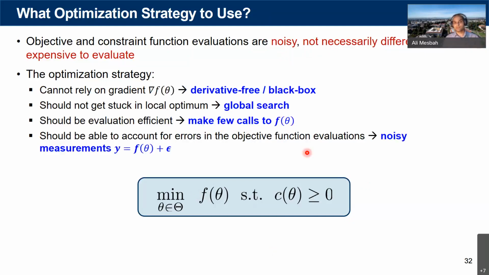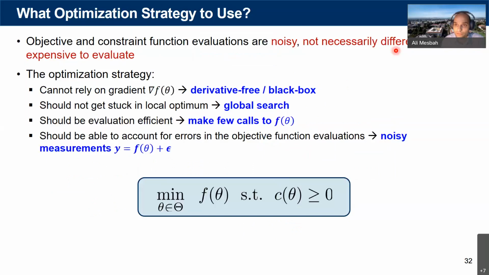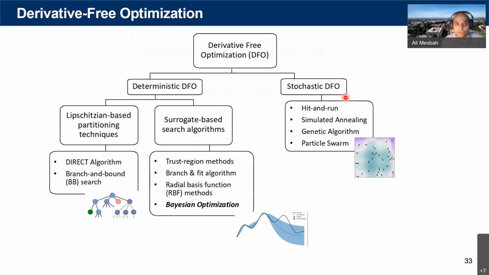And last but not least, the optimization algorithm should be able to account for the errors in these functions. So you should be able to handle noisy measurements. For this reason, given that this function may not be differentiable, we would have to resort to derivative-free optimization.